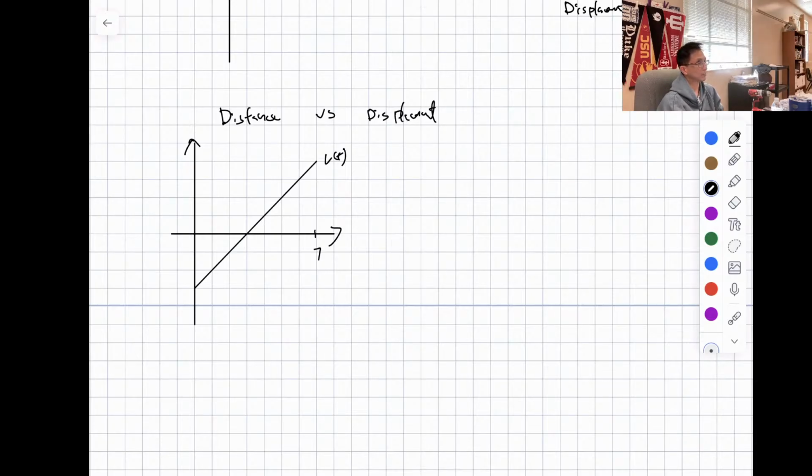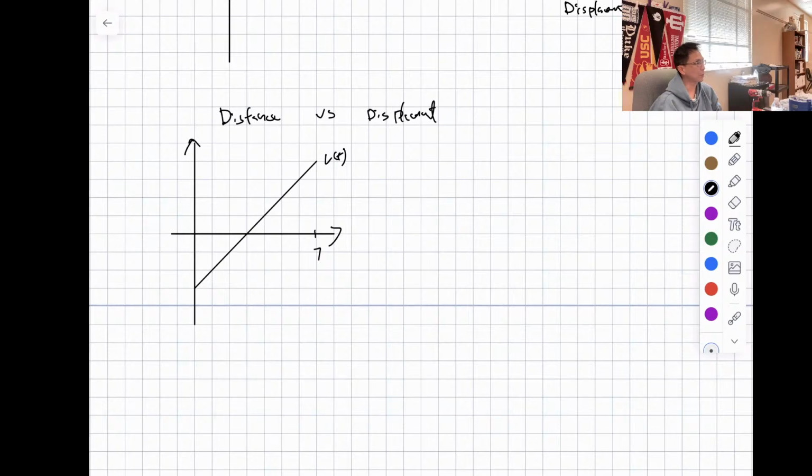Yes, it changed direction at 3. The entire point of that is that it's a gradual curve.